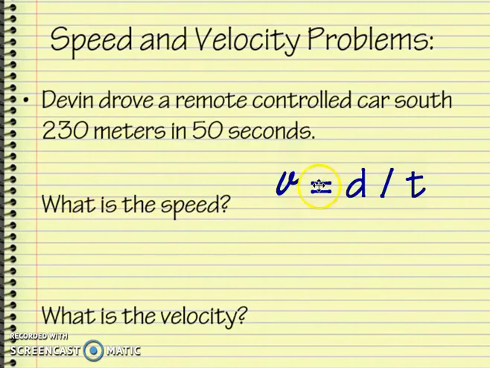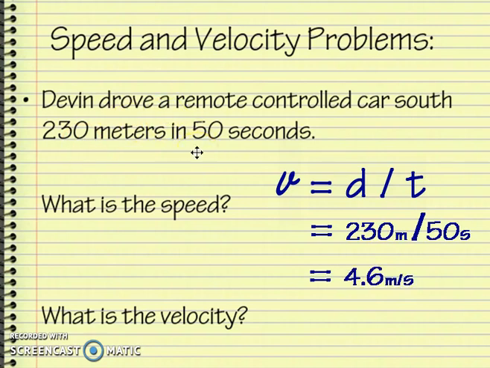Okay, what is a speed? So we'll use this formula. We'll find the distance, which is 230 meters, and then the time is 50 seconds. We'll divide 230 by 50, and we'll get 4.6, and our units are already there for us. They're meters per second. That's great. So our answer for the speed is 4.6 meters per second.